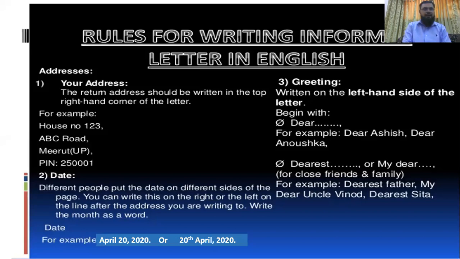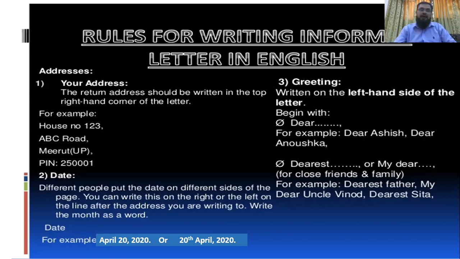And then the date. Different people use different formats, but to me, I think first you should write the month, like April 20, comma 2020, full stop. Now April, A is capital because it is a proper noun, and date 20, comma, then space, then year, and then full stop.